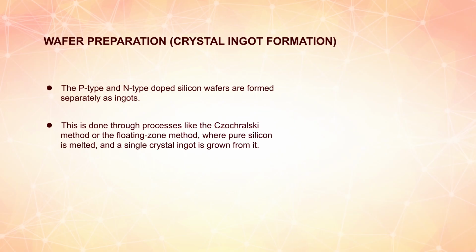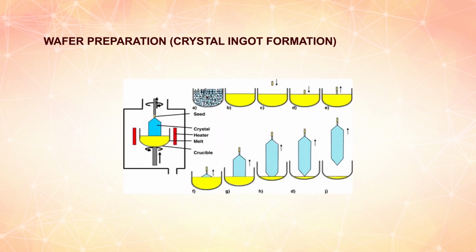In this method, the silicon is melted in a vessel, and a seed is dipped into it and slowly pulled out, and one ingot is formed. The picture below shows the steps by which the crystal ingot is formed.